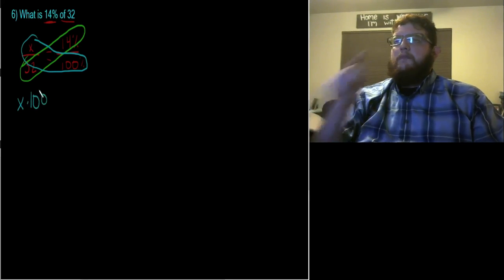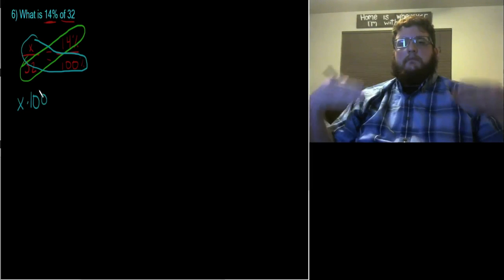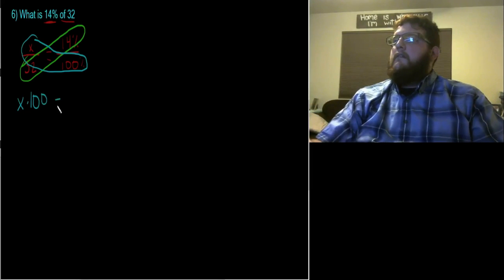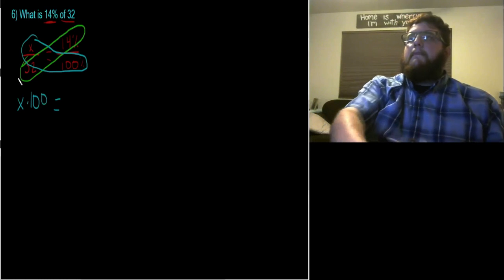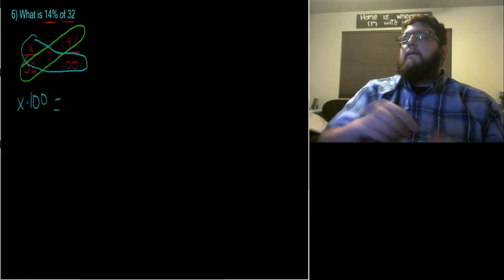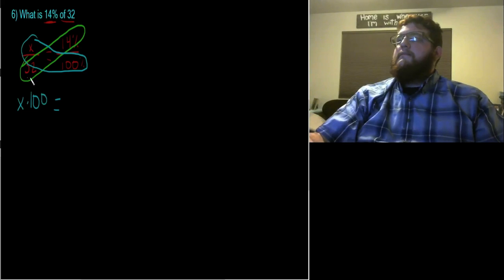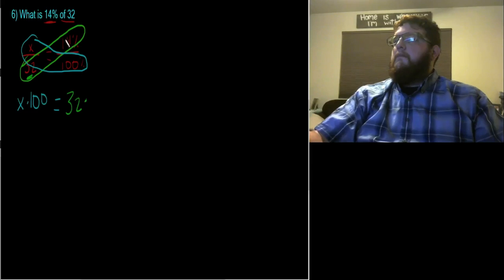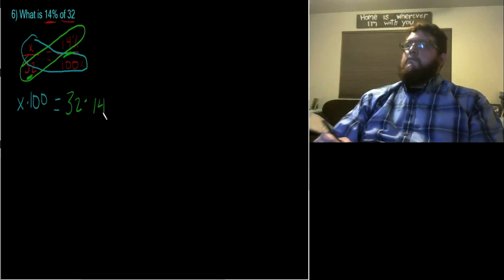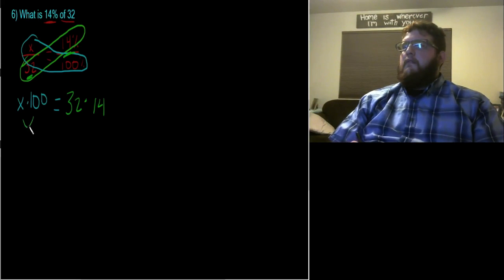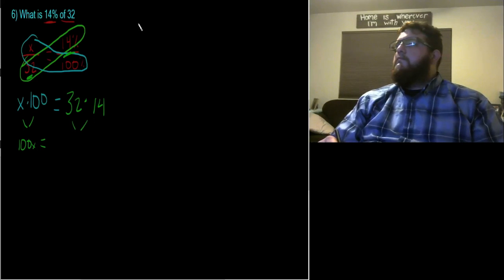So on the first side, we've got x times 100. And we'll set it equal to the product of the other side, which is 32 times 14. X times 100 is just 100x. 32 times 14. Well, I don't know what that is, but I can certainly multiply it out.